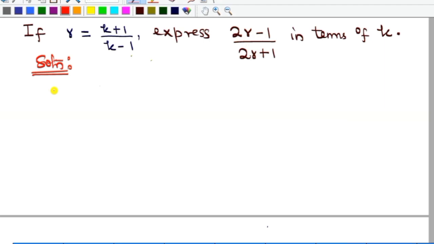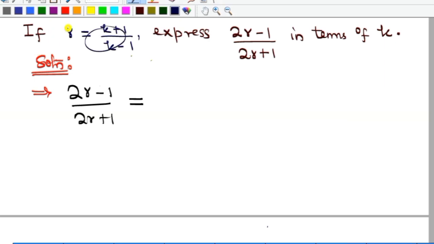Of course, some people may want to do this with a trial and error approach, trying to see how to make this to be in terms of k. But that's very easy to see. All you need to do is write your 2r minus 1 all over 2r plus 1, and then write that it is equal to... now the beautiful thing is that we've been given the value of r.